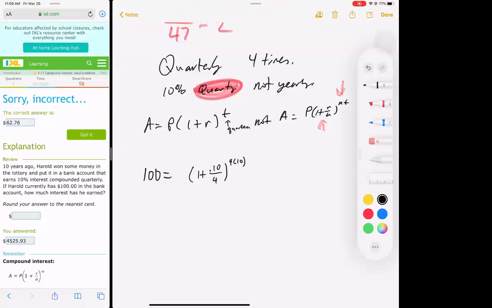So let's go ahead and find the initial value. 100 divided by 1 plus 0.10 over 4, to the 40th power. Enter that on the calculator. 1 plus 0.1 divided by 4, close, exponent 40, equals.